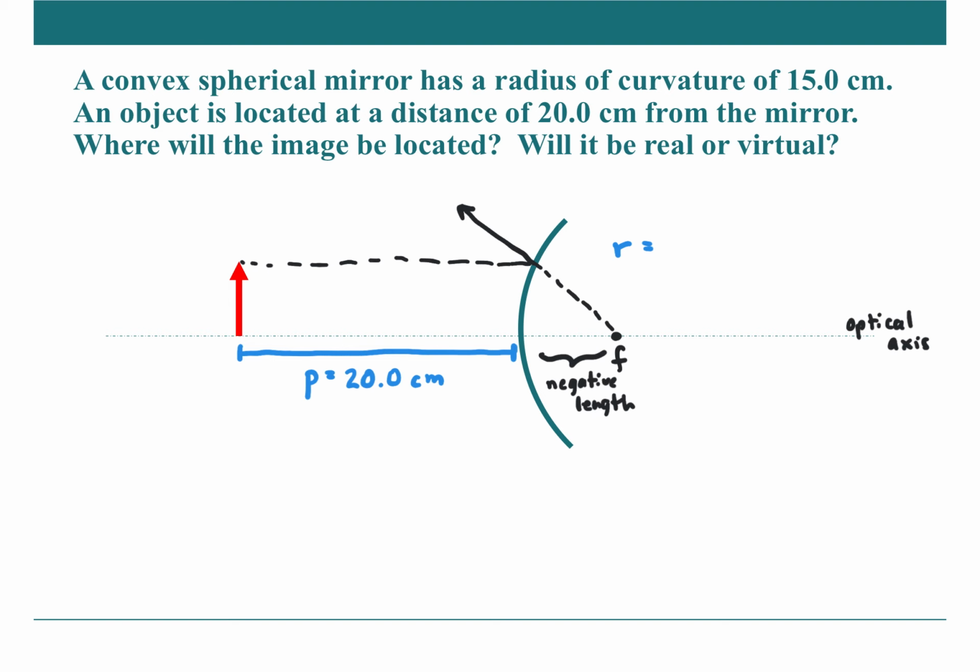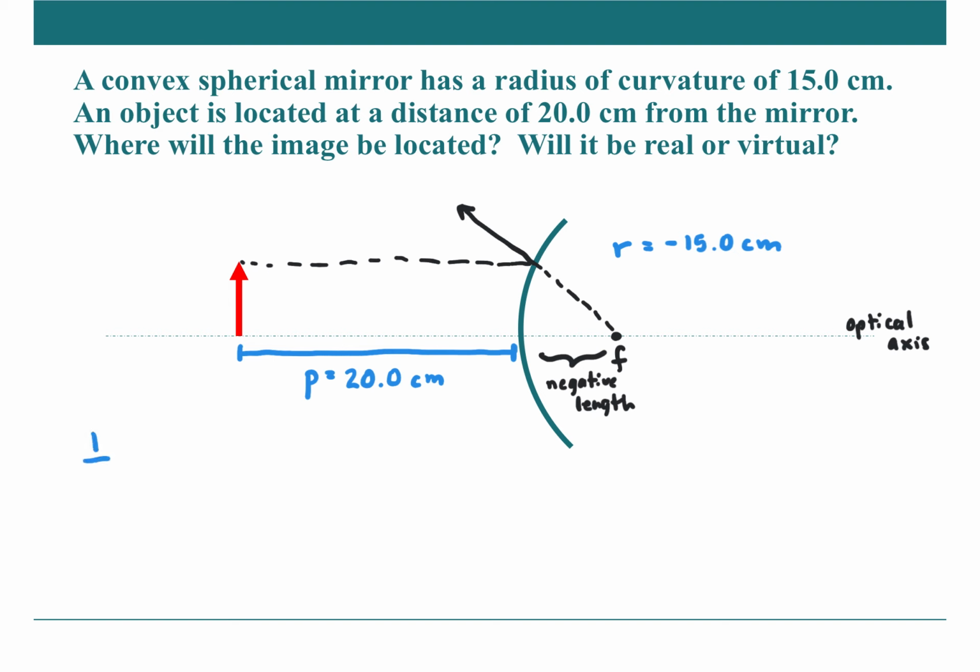But now that we know that our convex mirror is going to produce virtual images that are located on the opposite side from our object, we know that our radius of curvature is negative because our mirror itself is curved away from the object we're trying to image. Therefore, I'm going to place a negative sign with its value. In so doing, we'll guarantee that we get a negative value for our focal point, which is precisely what we expect from this ray tracing.